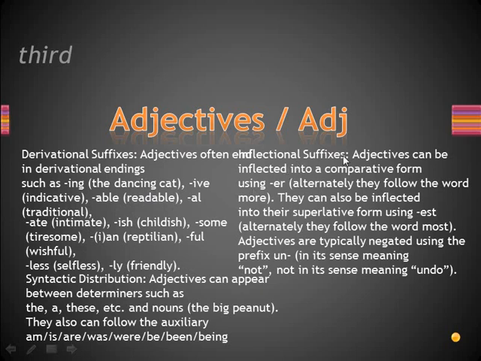And what about the inflection? Adjectives can be inflected into comparative form. So we have comparative degrees, the same, more, or most. So is it superlative or comparative, and so on. Adjectives are also typically indicated using prefixes.